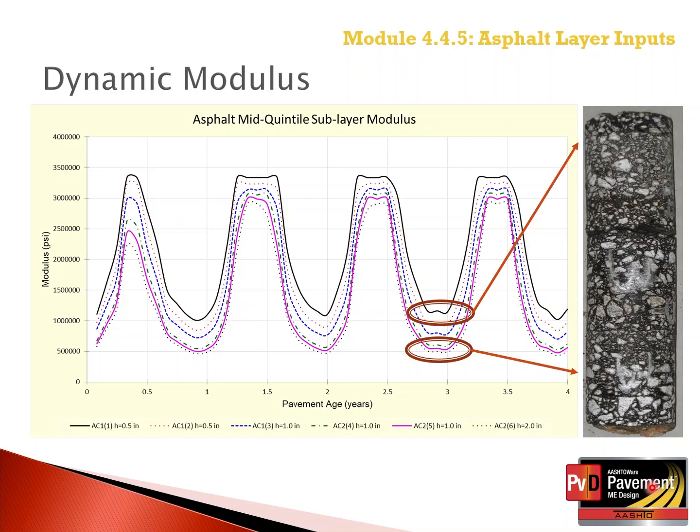This assumption and difference will be discussed again and included in Module 5 for rigid pavement design and Module 6 for flexible and semi-rigid pavement design. So the program calculates modulus as a function of season or age, as well as a function of depth within the asphalt structure.